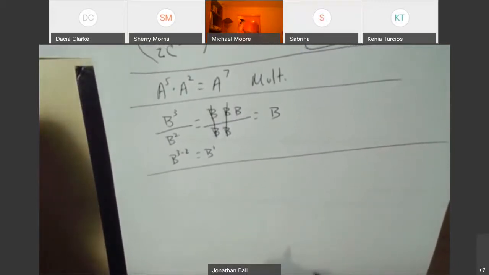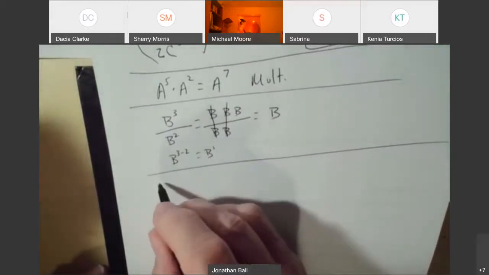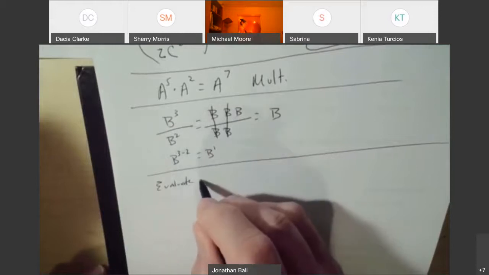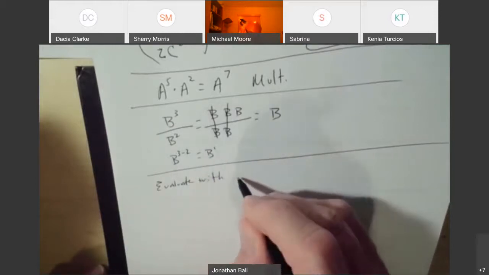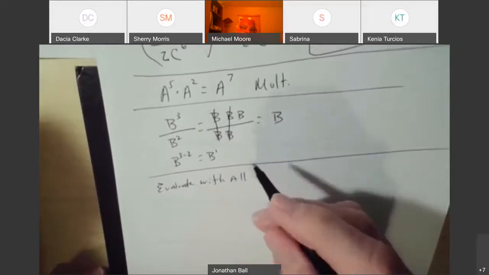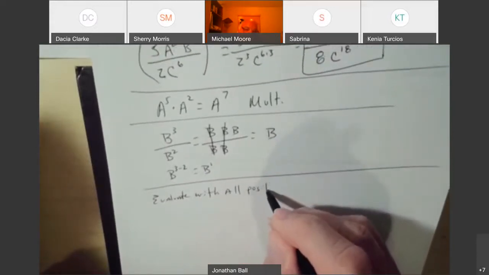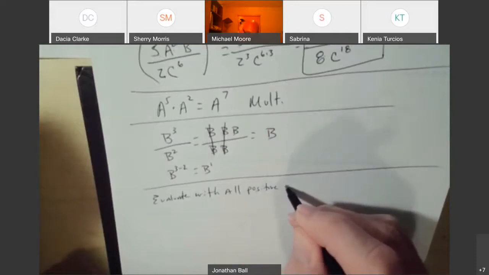Now, what they're going to do on the test, and I'm going to do this too, is say evaluate with all positive exponents.